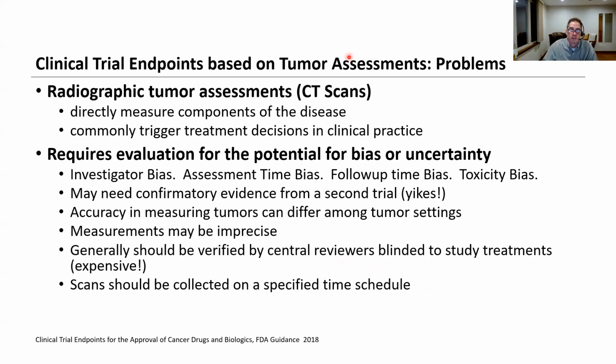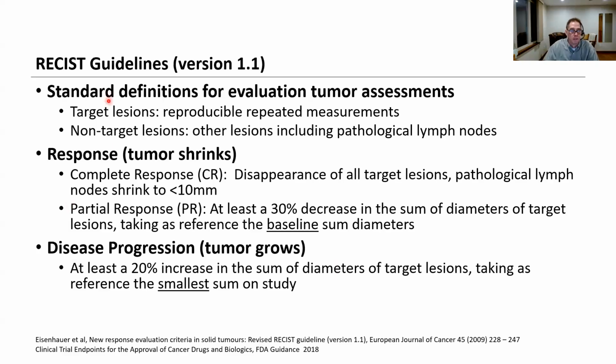So if you're looking at this, this is all sort of ambiguous, right? We're going to measure some scans, we're going to collect some tumor dimensions, and then we're going to somehow make a call on whether the patient's disease got worse or not, right? So it's a little bit subjective. So back in 2009, we got the RECIST guidelines, right?